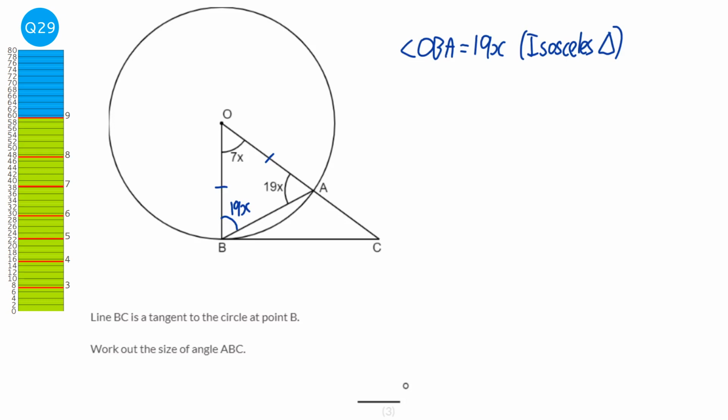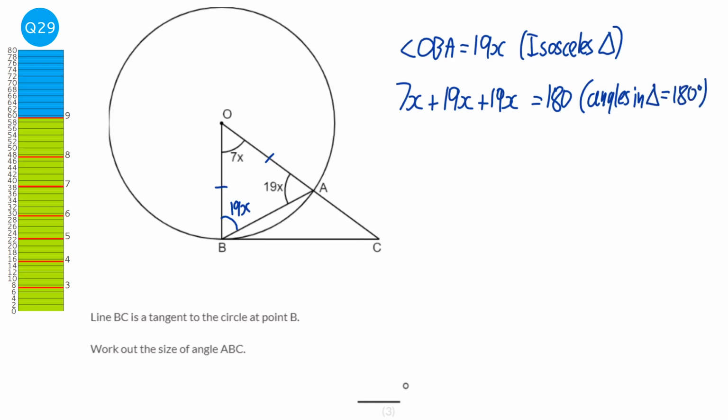Okay, so we know these two are equal. Well, we also can work out x because, as I said before, we have a triangle here, and all angles in a triangle add up to 180. So we've got 7x plus 19x plus 19x equals 180 degrees. And this is angles in a triangle equal 180 degrees.